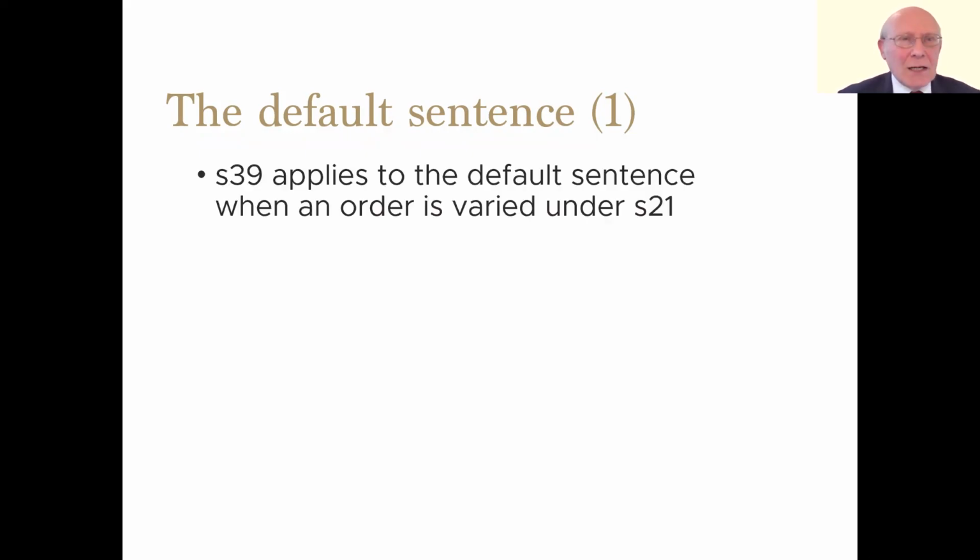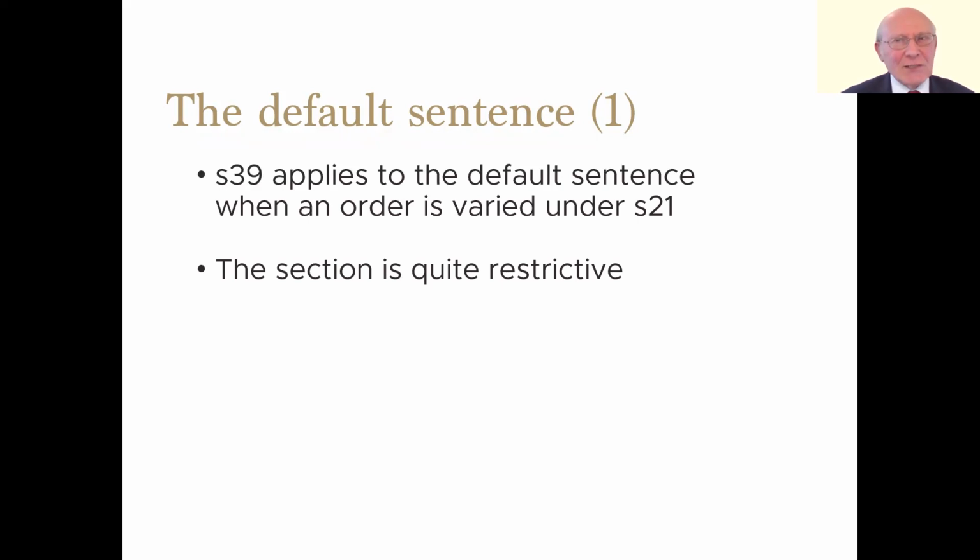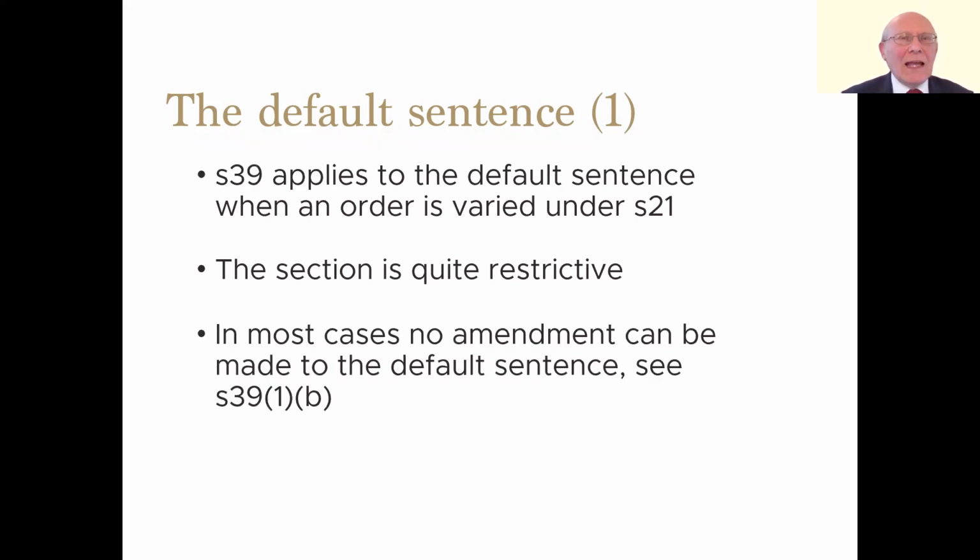Section 39 applies to the default sentence when an order is varied under Section 21, and that section is quite restrictive. And in particular, in most cases, no amendment can be made to the default sentence.